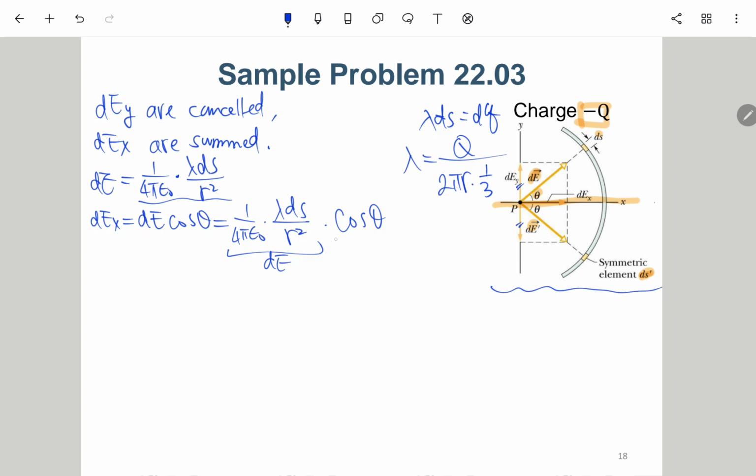Here we have the theta, so we cannot simply use the ds to integrate. Here we need to use another substitution. Actually it is the polar coordinate.